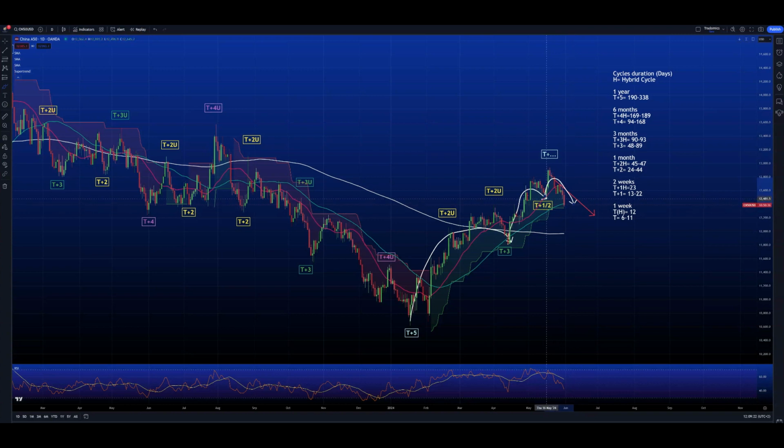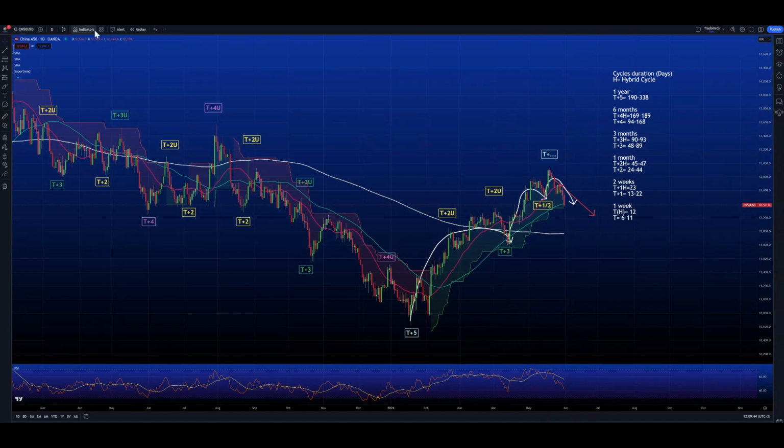If from here we have a T plus 2, then we have to expect further downtrend for at least 24 days. So this downtrend can continue until the 17th of June 2024, if not beyond, before having a bounce back to the upside.